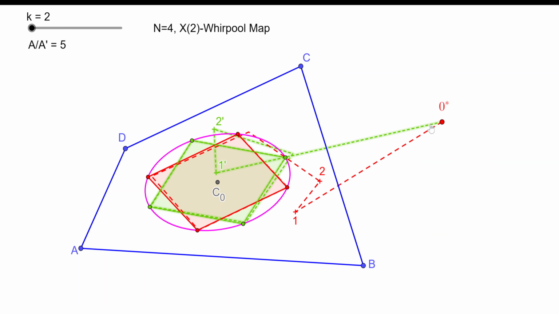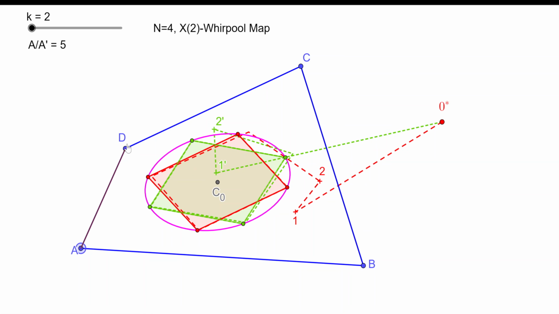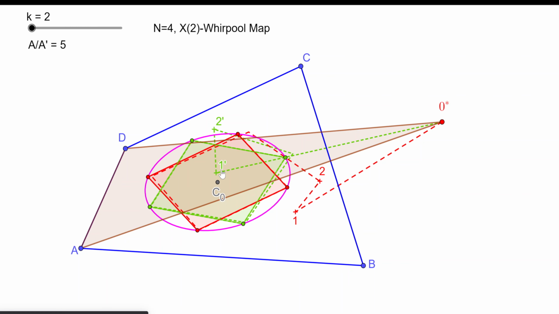Now the green line is doing the same as the red line, but in the clockwise direction. So I possibly am starting here with side AD. I'm just sort of eyeballing this. Let's just check if this is the case. I'm starting with side AD, and then I'm using 0 as the apex, and point 1 over here is more than likely the centroid of AD0, right?